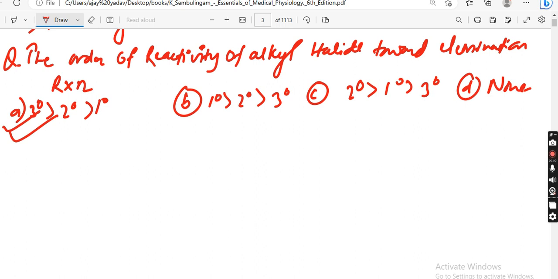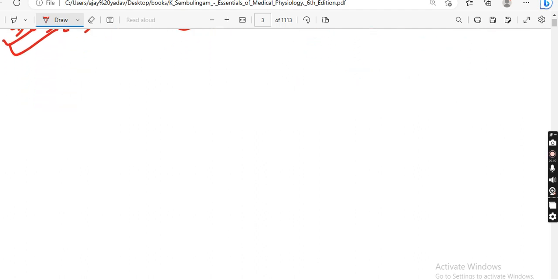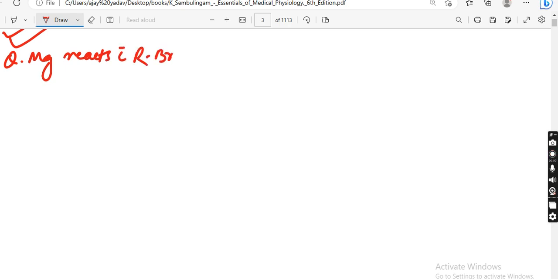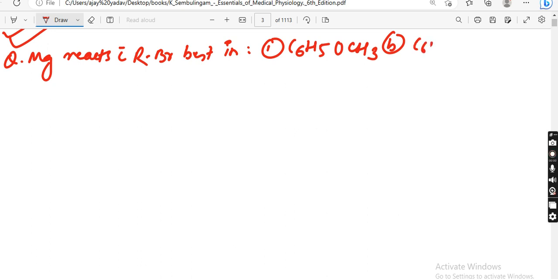So the next question that we are going to see is: Mg reacts with RBr in which solvent to form Grignard reagent? Option A is C6H5OCH3. Option B is C6H5 and CH3CH3.